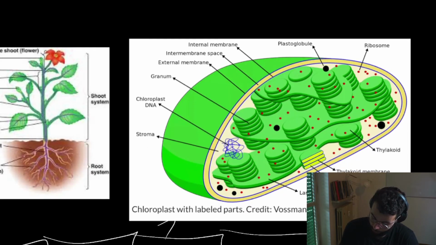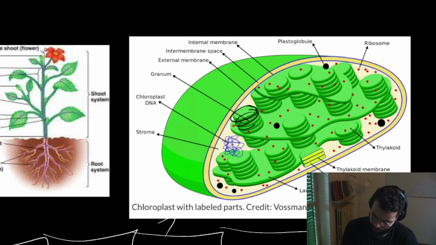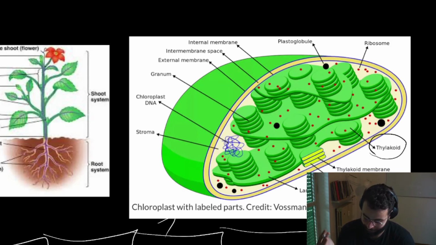Then we have a stack of something that looks like a lot of chips, and this stack of weird things is called the granum. The weird things that basically compose the granum are stacks of thylakoids. Many thylakoids give you the granum, inside the stroma.